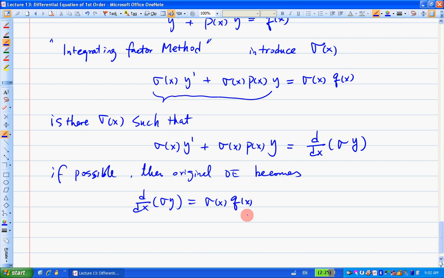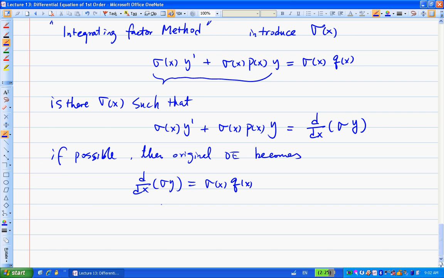Up to here, is it a little bit clear? Okay, let's finish this step here. If possible, then the original becomes this.